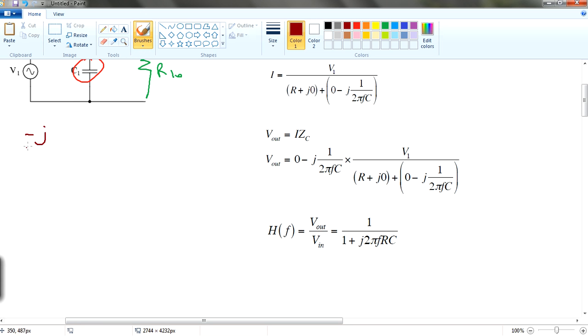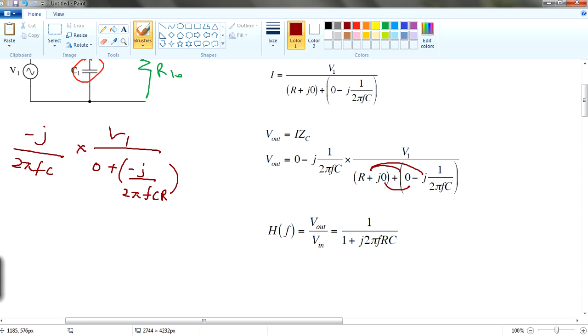So minus J, 2 pi FC, multiply with V1. R times 0 is equal to 0, and then R times minus J, you have minus J over 2 pi FCR. I'm simply doing the typical expanding.